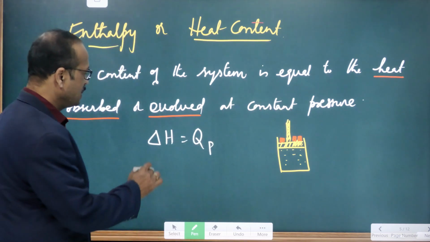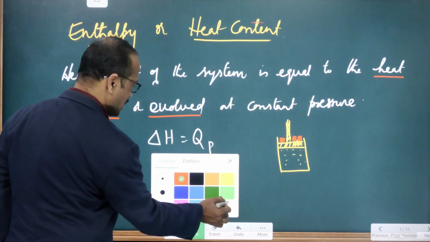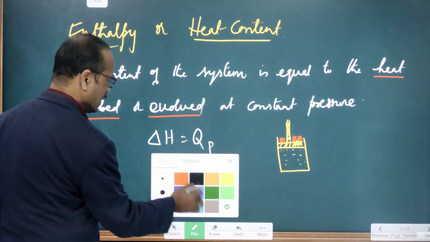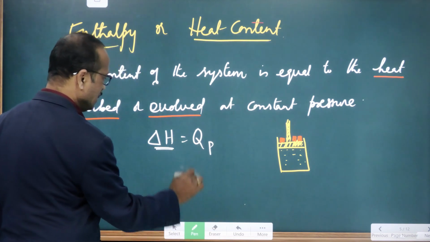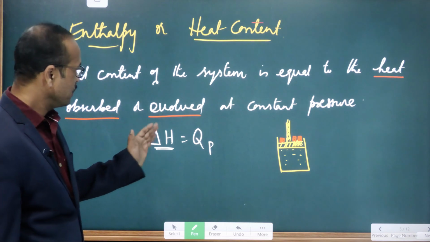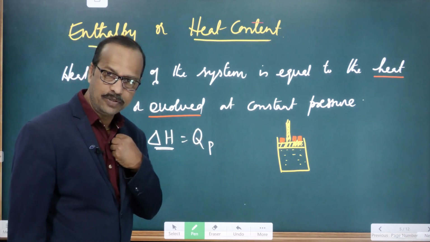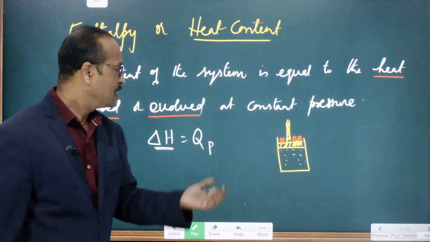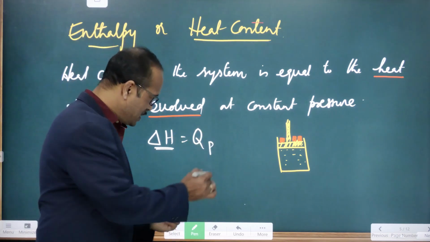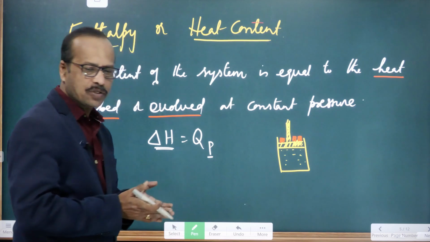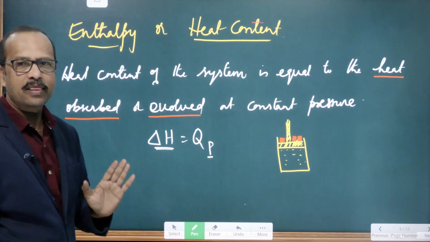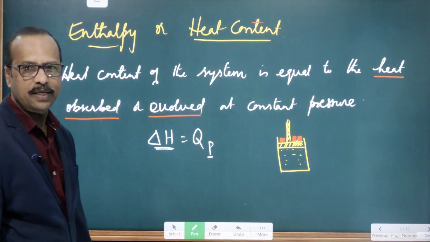Here delta H, del H, is equal to the heat Q, which stands for heat absorbed or heat released at a constant pressure. That's all. This is called enthalpy or heat content.